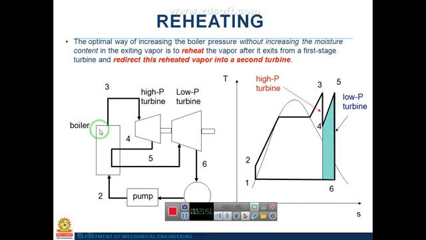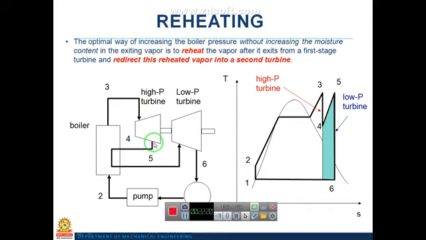In the boiler we add heat at constant pressure, so the water is converted into steam, and this steam enters the high pressure turbine. In the high pressure turbine, the steam expands isentropically from 3 to 4.